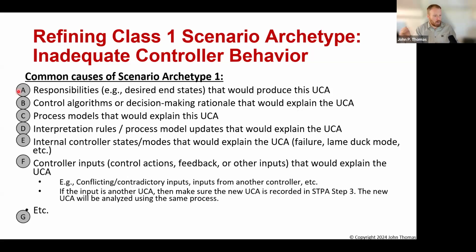A great example from another project is we were looking for responsibilities using this process, and the software engineer said, yeah, my responsibility over anything else in the software is to prevent invalid state transitions. And we were sort of shocked to hear that, because that was not really the responsibility of the controller.